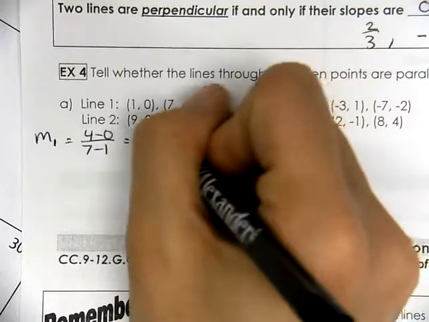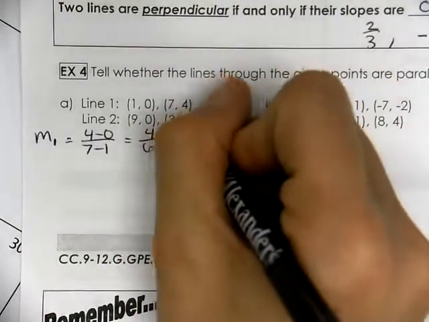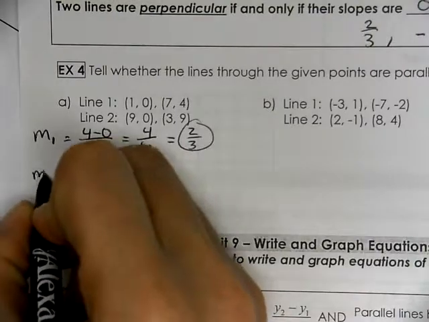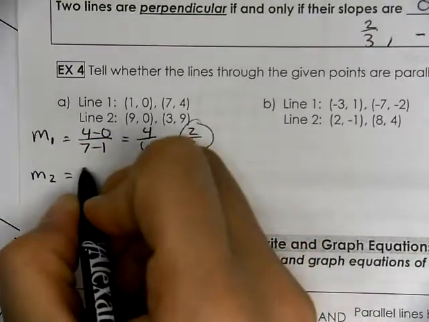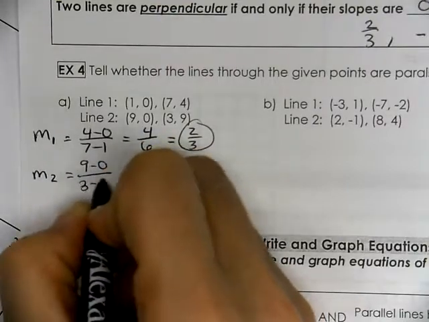So 4, 6. What's 4, 6 reduced to? You need to reduce your slopes. Otherwise, you won't be able to match them. Slope for line 2, 9 minus 0, 3 minus 9.